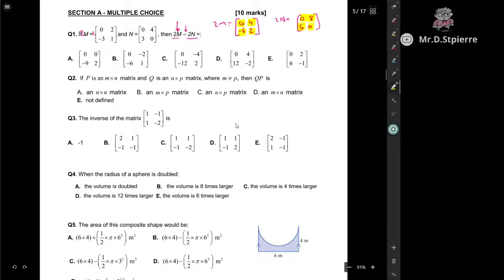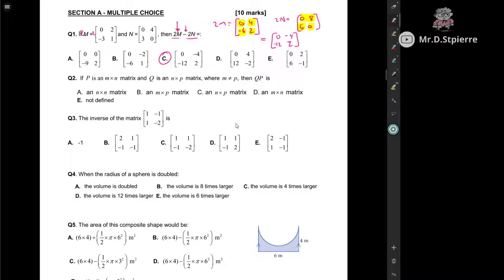So our final answer should be equal to 0 take away 0 is 0, 4 take away 8 is negative 4, negative 6 take away 6 is negative 12, 2 take away 0 is 2. So our answer must be C. Okay, so that's that question.